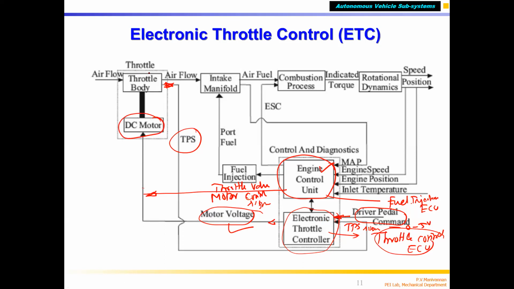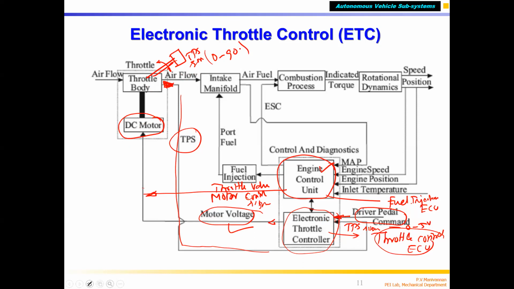The throttle rotates, and the TPS sensor is put here, measuring how many degrees the motor has rotated, whether the throttle valve opens 0 to 90 degrees. This signal is given as feedback to the controller.